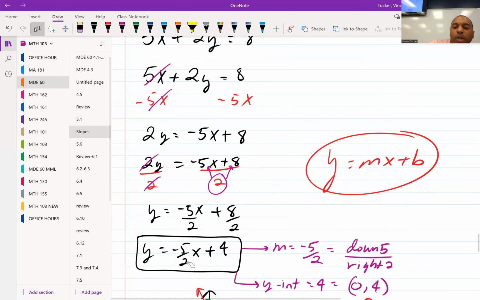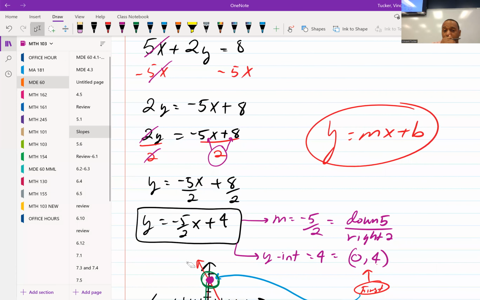So once you've solved it for y, we can go ahead and pull the information like we did in the previous problems. The number sitting in front of x is your slope, so it's -5/2. The other number is your y-intercept. So we have -5 over +2. So that's down 5, right 2. Then we have the ordered pair of 0, 4 for our y-intercept.